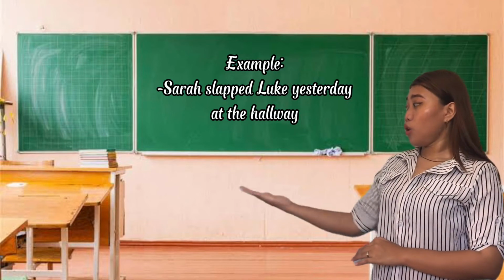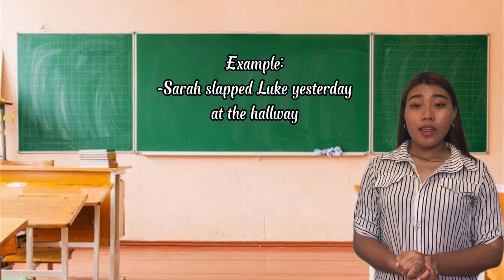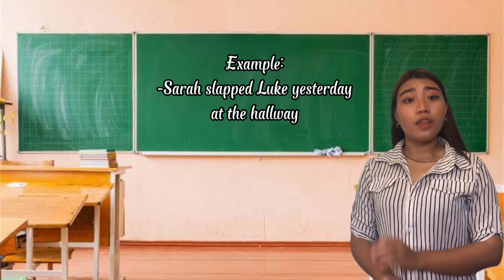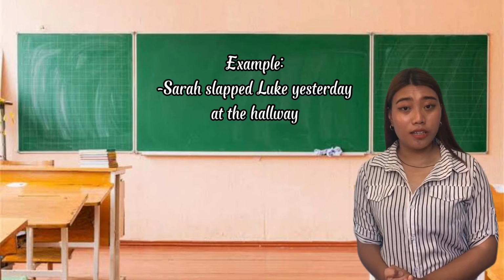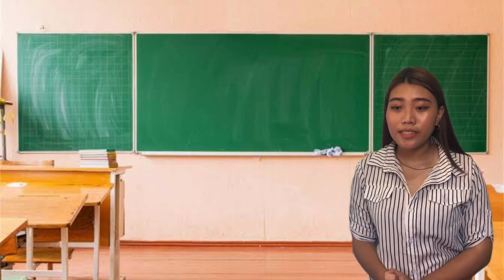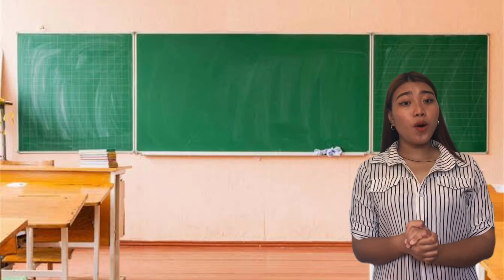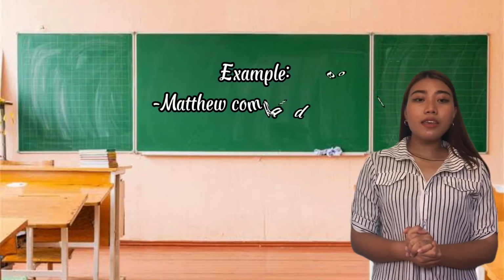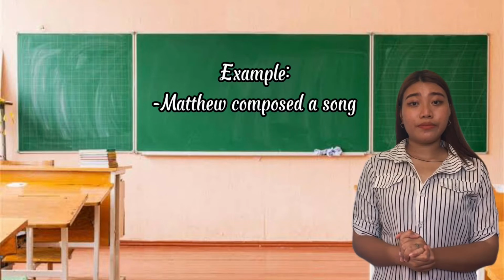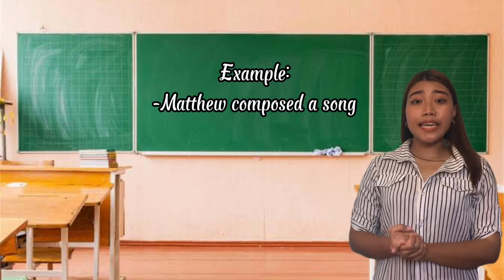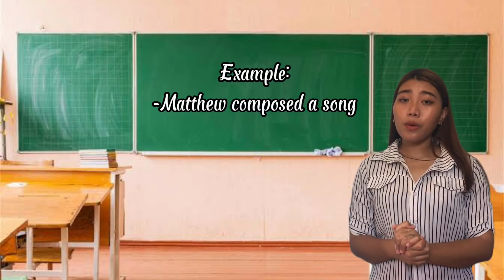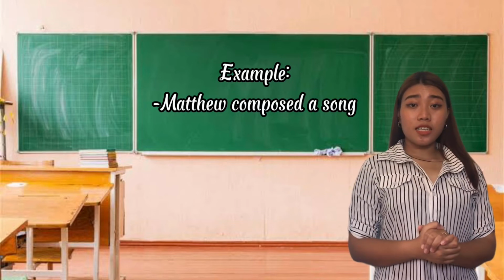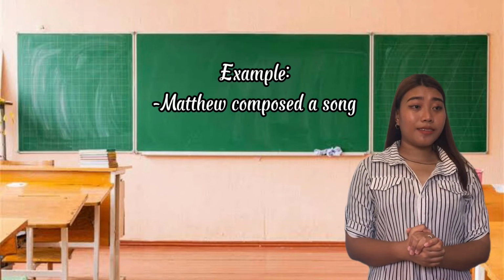Okay, so Luke received the action slap, therefore Luke functions as a direct object. Right? Okay. Next one is Matthew composed a song. Song receives an action which is the composed. Therefore, song functions as a direct object.